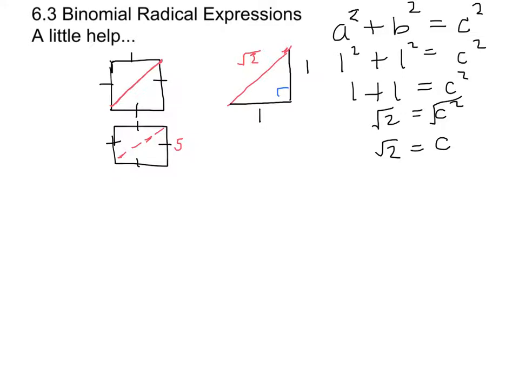So here, if the side of the square is 5, we know that the diagonal is 5 root 2.